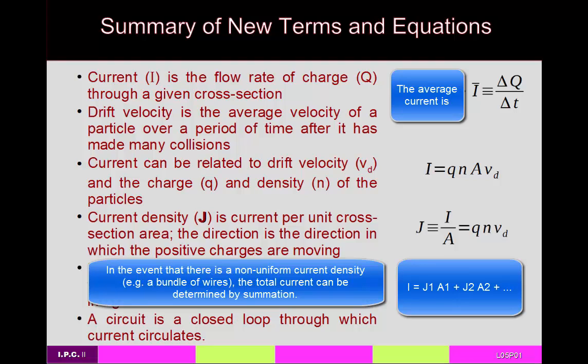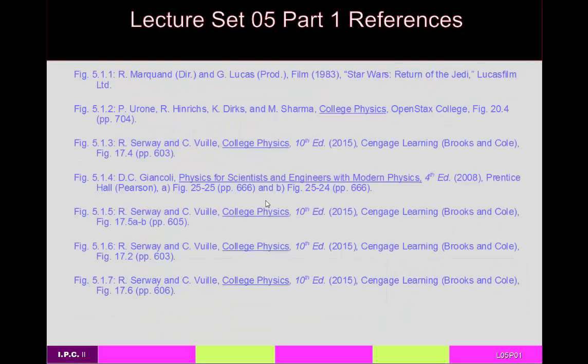You're basically summing them by multiplying a segment of space, the current density for that segment, times the cross-sectional area of that segment of space. And last but not least, a circuit is a closed loop through which current circulates.